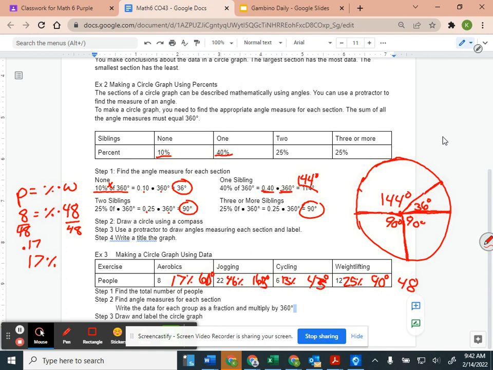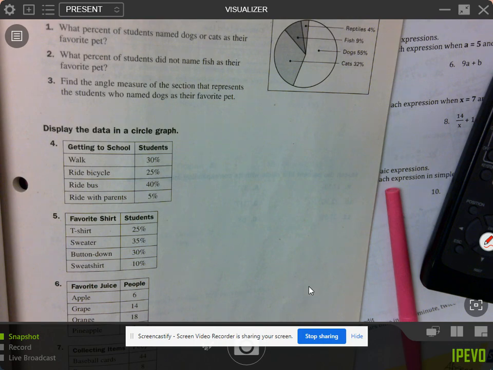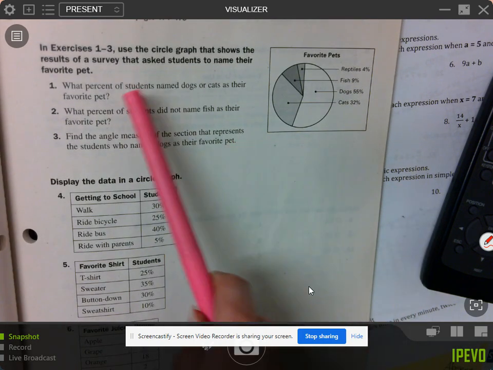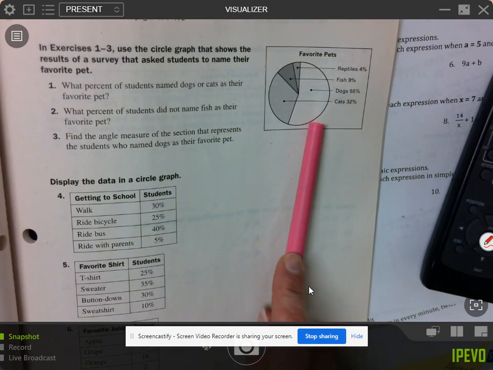Let's look at our workbook page for today. On our workbook page, the first couple of questions are just using the circle graph that they give you.